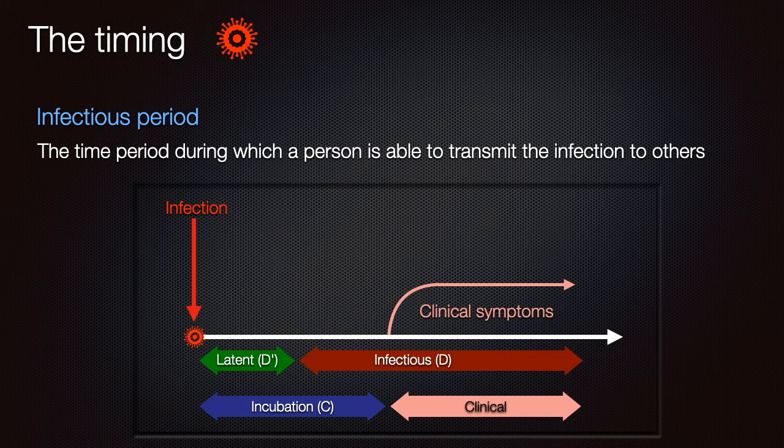The latent phase is the corresponding part of the incubation period where a person is infected but can't yet transmit that infection to others. Perhaps the infection hasn't progressed far enough, perhaps it hasn't moved to the appropriate spot in the infected person's body.